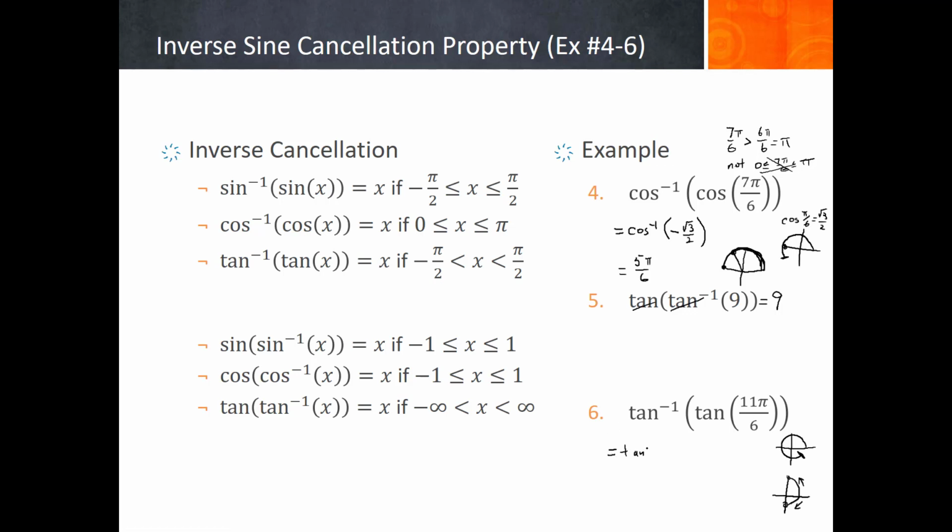So what is the tangent of 11 pi over 6? So pi over 6 makes sine a half. Pi over 6 makes cosine a root 3 over 2. And because 11 pi over 6 is in the fourth quadrant, I know this has to be negative, which means I'm looking at right now the inverse tangent of a negative 1 over root 3.